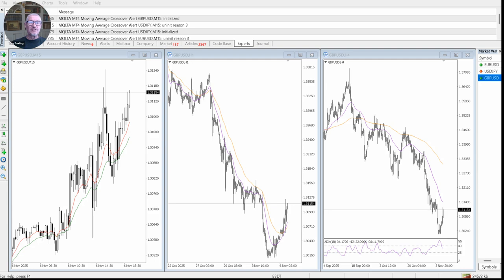If you are set in your mind that you need to be in a trade to feel alive, you can't function during the course of your day without being in a trade, this may not be for you, because this setup requires patience.